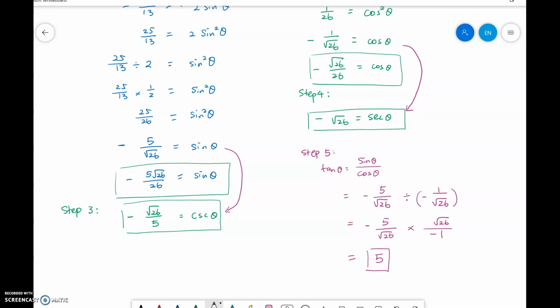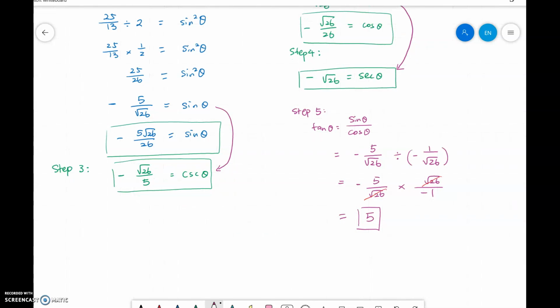It's clearer to see what I have in common and how I can simplify, versus the rationalized version, where I probably need to simplify after I find it. Okay, the last step, step 6, is my cotangent. Cotangent is 1 over tangent, so it's just 1 over 5.